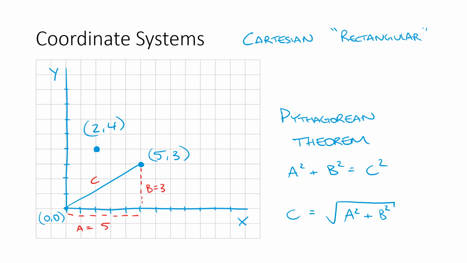And it has a height of 3. How can we find the length of this hypotenuse right here? I think I've heard it. We're going to use the Pythagorean theorem.